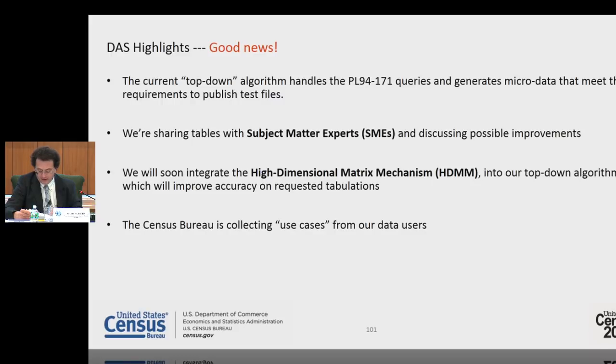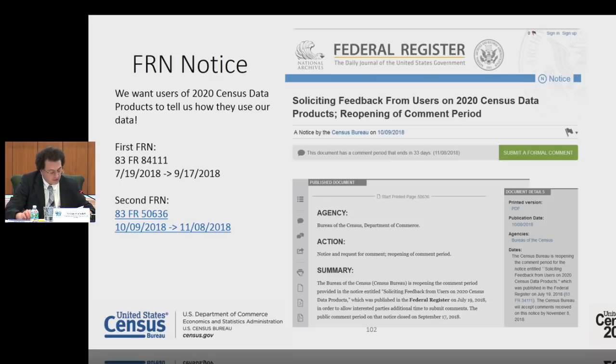And we are now collecting use cases to help us understand what data products our data users need and at what levels of accuracy. So this is really important. This past July, we published a notice in the Federal Register soliciting feedback from users of the 2020 census data products.